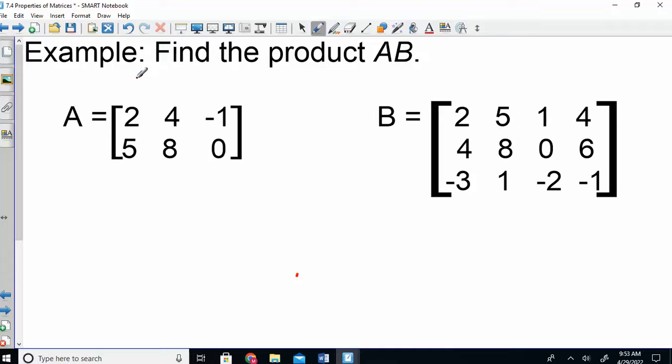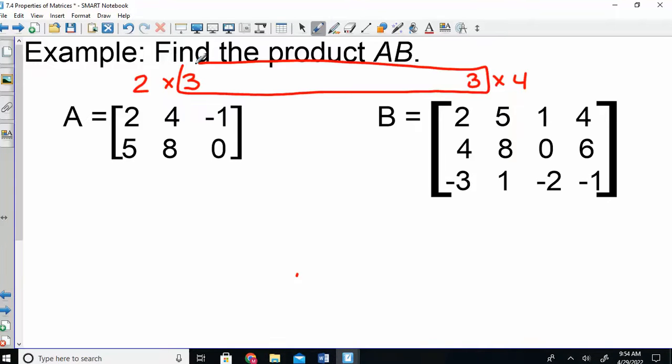Rows by columns. So matrix A is 2 rows and 3 columns. Matrix B is 3 rows and 4 columns. So these match, so we can multiply. How big will my final matrix be? 2 by 4. That means 2 rows, 4 columns.